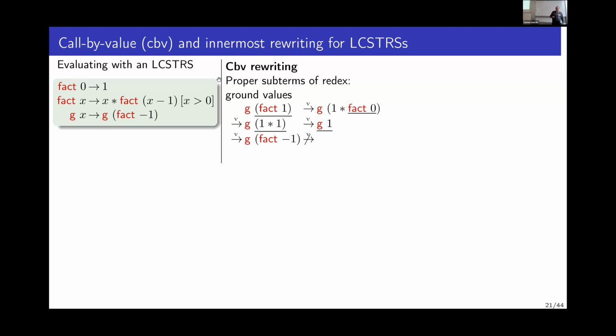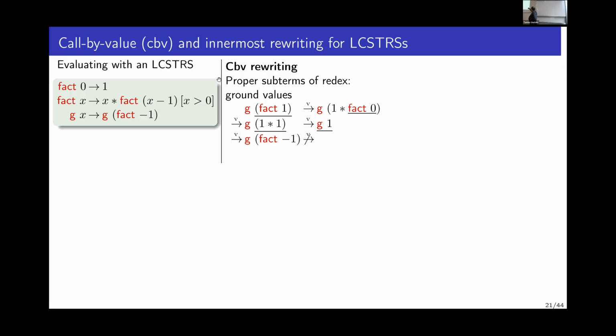In call by value evaluation, let's say we want to evaluate the term g of fact of 1. Well, with call by value, fact can be applied to a value 1. So all numbers are values. That gives us 1 times fact of 0. Fact of 0 evaluates to 1. 1 times 1 evaluates to 1.